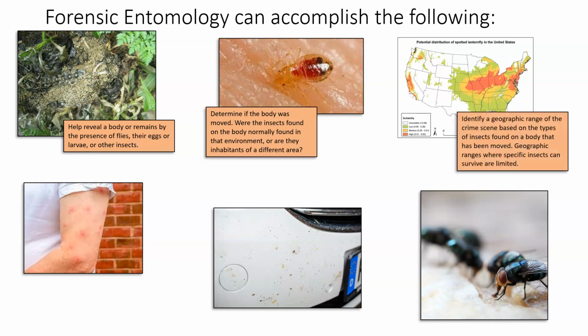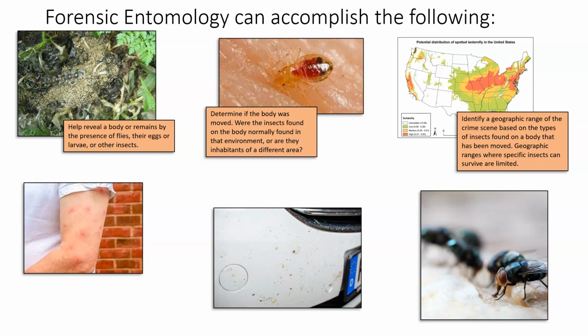On the other side, insects found in and around a body can also help identify the geographic range of the crime scene, based on the types of insects found on a body that has been moved. If a body was moved a long distance, or in some cases not so far, maybe 50 miles within the same state, it can greatly impact the geographic range of a particular insect. It might pull insects out of one area and put them into another.